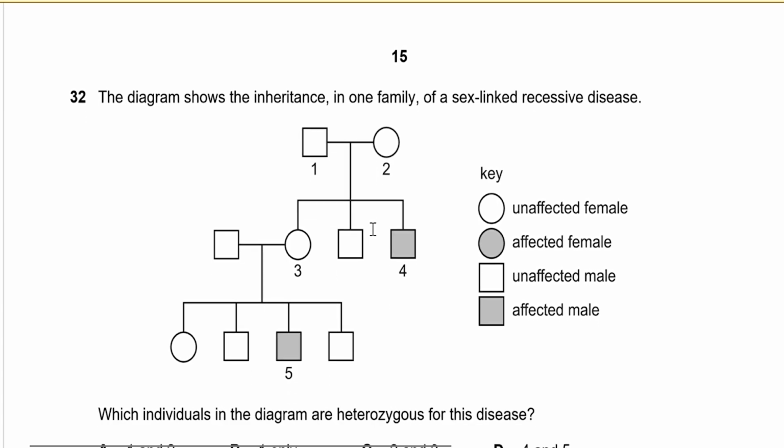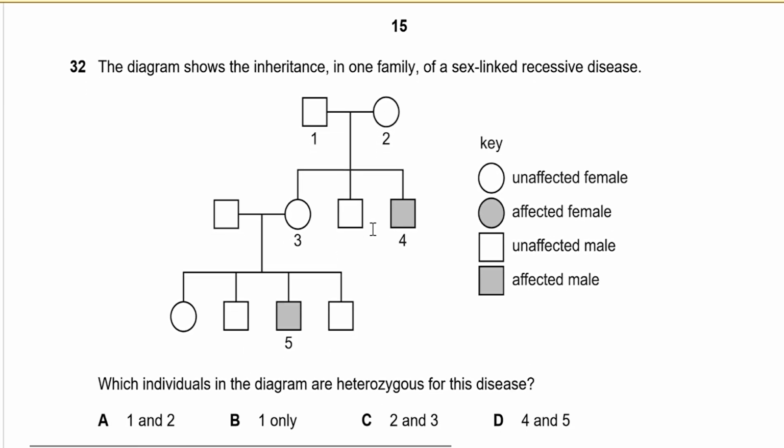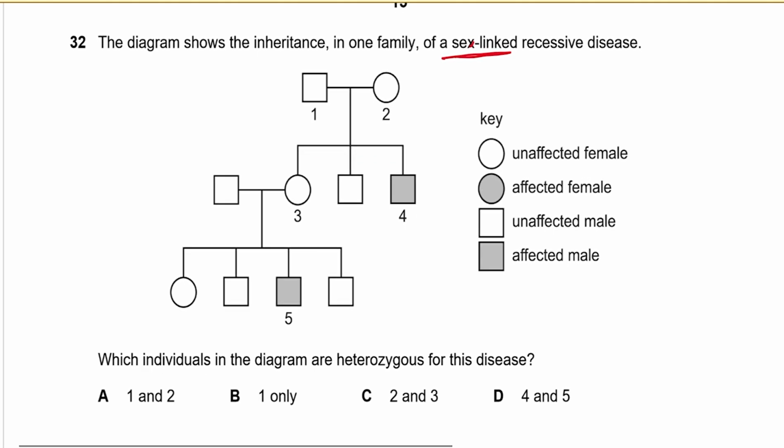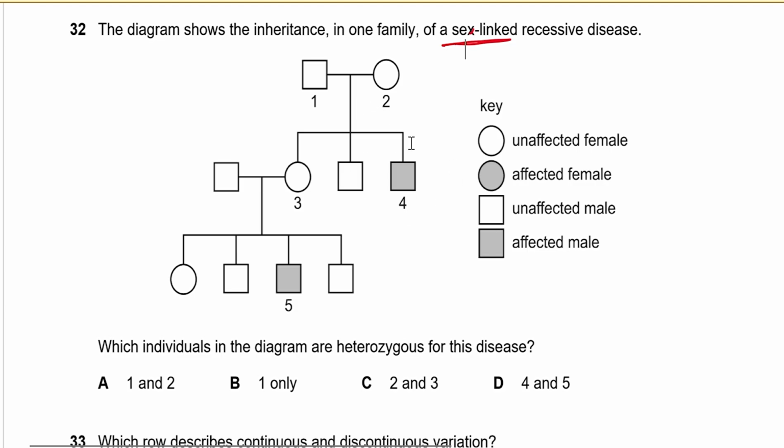Number 32 says, the diagram shows the inheritance in one family of a sex-linked, which means it's carried in a certain sex or expressed very much in one sex, recessive disease. When you look over here, the shaded ones represent affected females and affected males, but the unshaded ones have no affection. Parents 1 and 2 appear to be normal, but of their offspring, the female offspring is fine, but the male offspring has this linked disease.